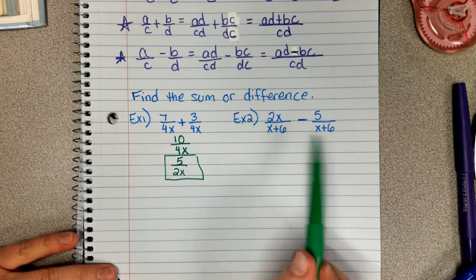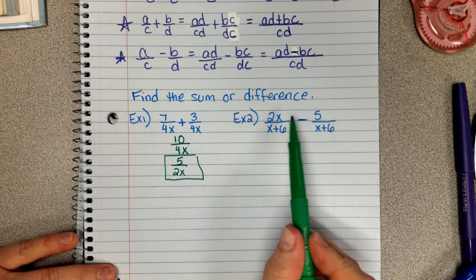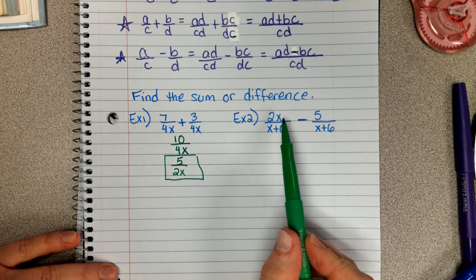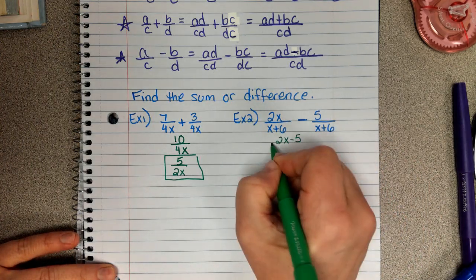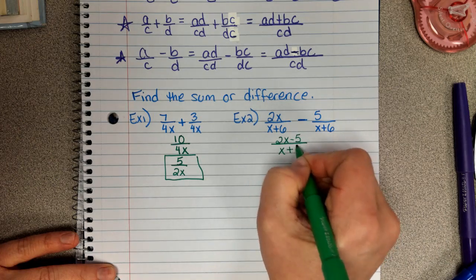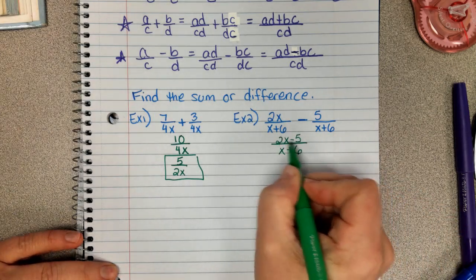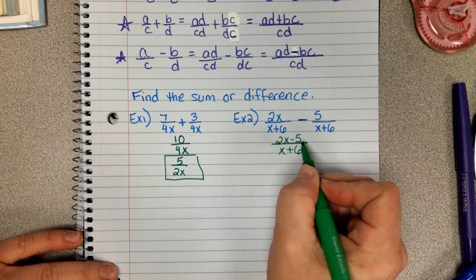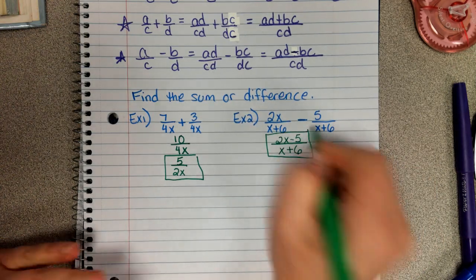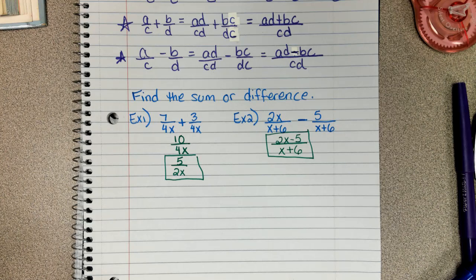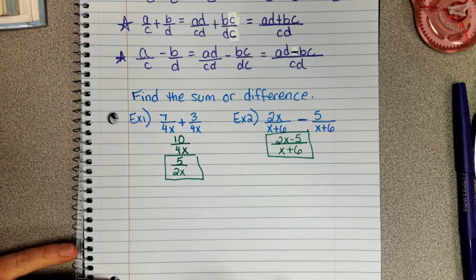So I can go ahead and, in this case, subtract my numerators. That would give me 2x minus 5 over x plus 6. I can't combine these. 2x and 5 don't combine. They're not like terms, so I'm going to leave them that way. And then I'm finished. There's nothing else I can do to that particular expression.